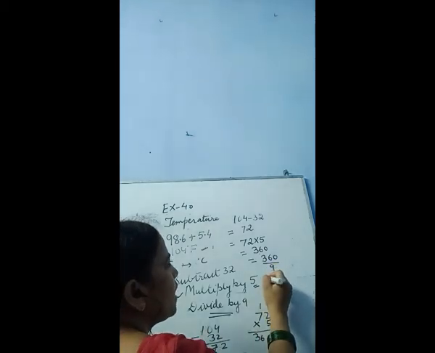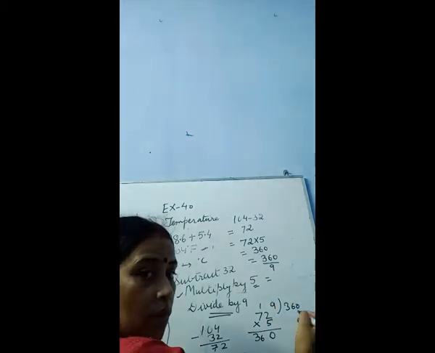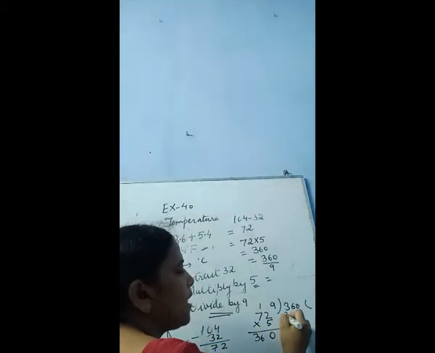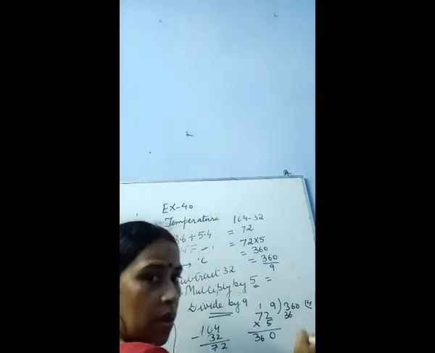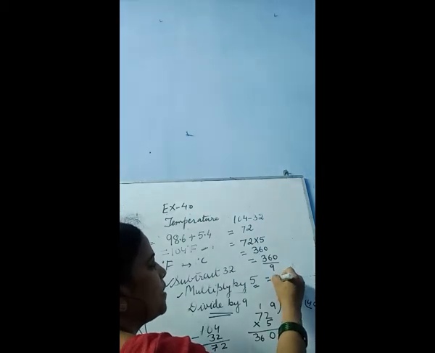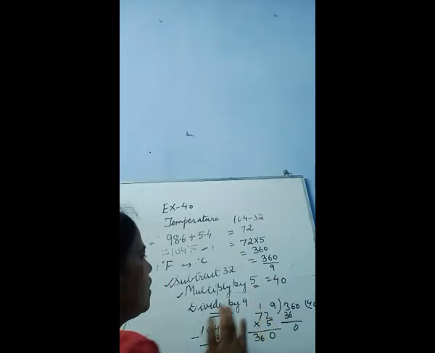This 360 which we have got, we will divide it by 9. Now what will we get? 9 4s are 36, so this is 4, and then 0, so this is 40. So divide by 9, we get 40.